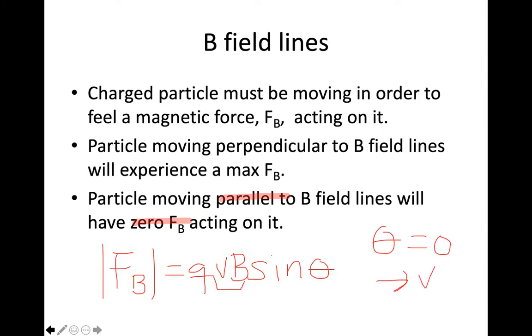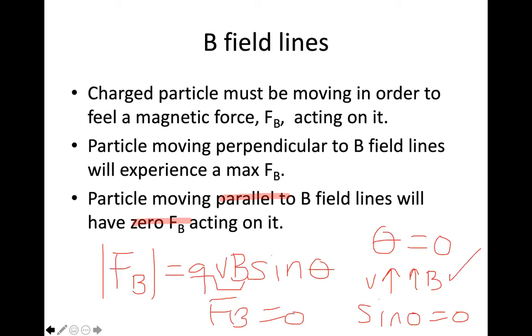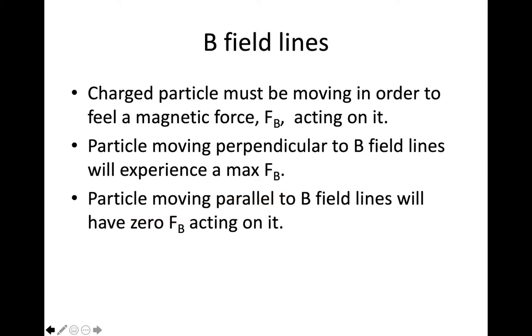Well, let me draw north. The velocity was north. The B field was north. Theta is 0. Sine of 0 is 0. And the force is 0. So check. If the proton is moving northward and the force is 0, that means the magnetic field is northward.